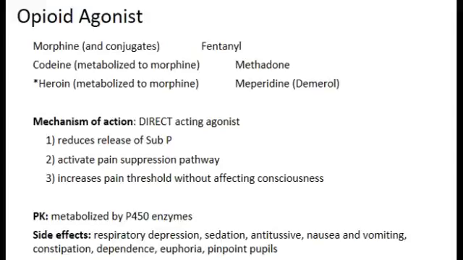Codeine and heroin also have other metabolites, which have obviously various functions throughout the body. Of course, heroin, remember, is not prescribed, and so it's interesting that the half-life of these drugs is particularly short.